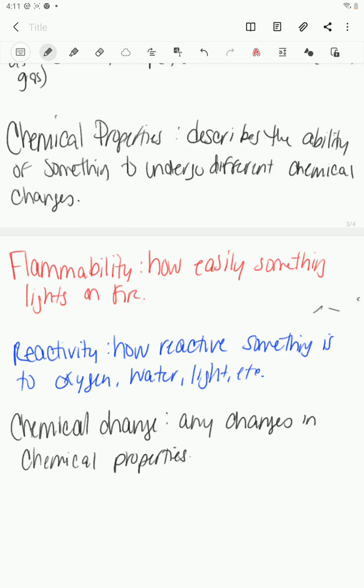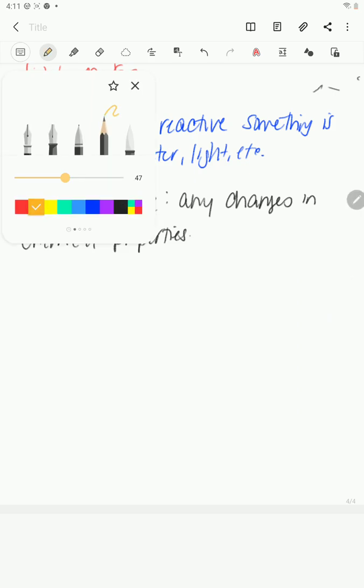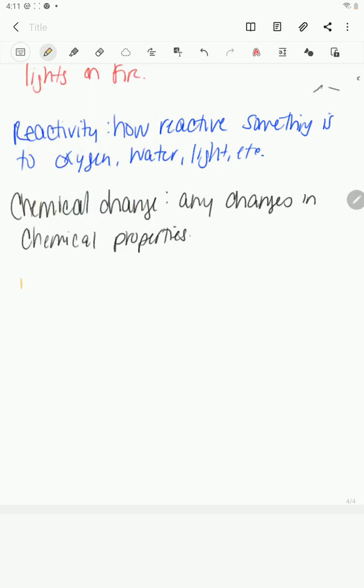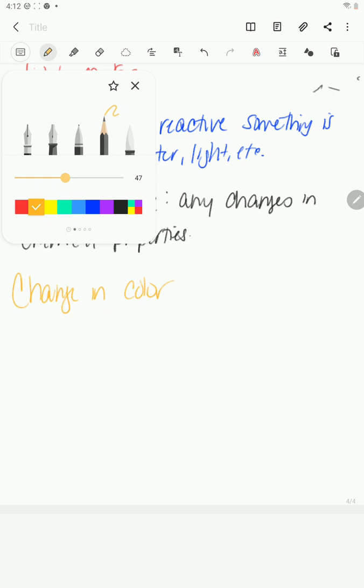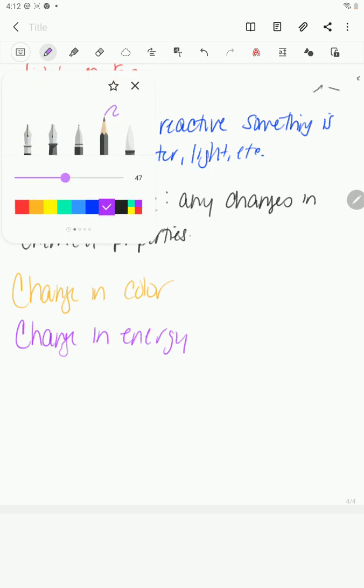So these are the characteristics of chemical changes. So we have change in color. So when rust forms on metal, that is a change of color, right? We have change in energy, right? So if you take a firework and you light it off, it starts with minimal energy, and then when it explodes, it's exuding a lot of energy, right?